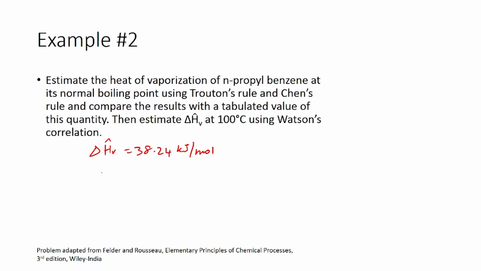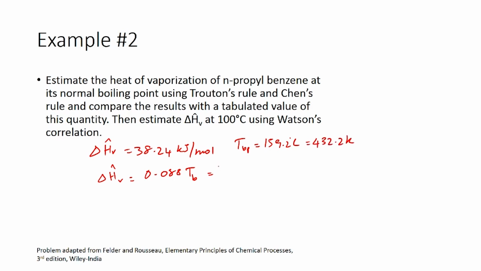So, Trouton's rule can be used. Here it would be 0.088 times boiling point. The boiling point for N-propyl benzene can also be looked up in the table, and the value is 159.2 degrees Celsius, which is equal to 432.2 Kelvin.